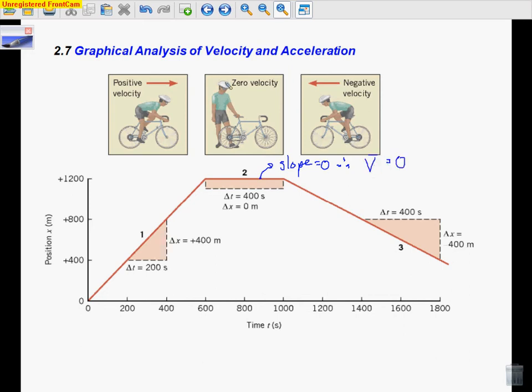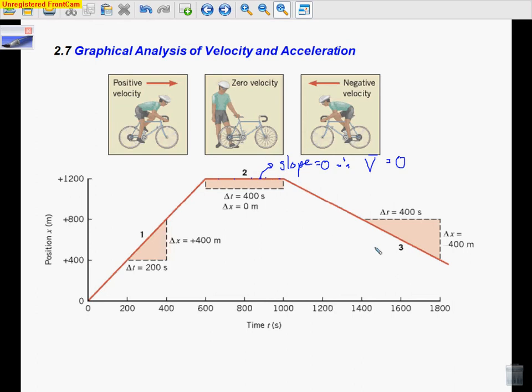So in this period, he is resting. Another way of looking at this is the time keeps ticking along. If we were plotting little data points here, the time keeps going along, but his position is not changing. He's not going forward in the positive direction or backwards in the negative direction. He's just staying at the same spot.